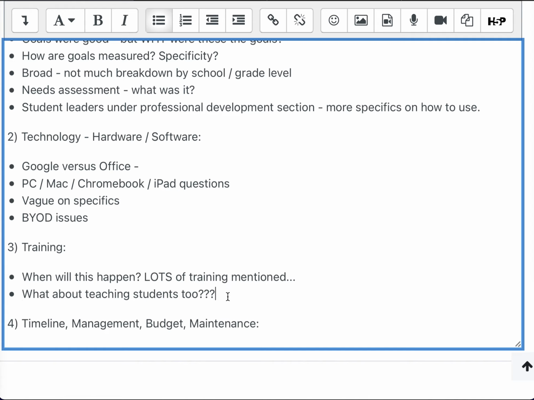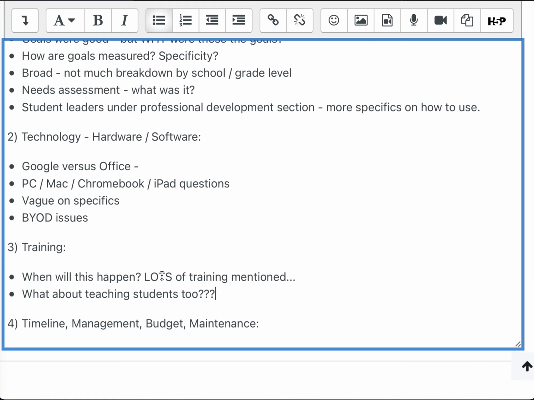To be fair, technology integration plans are usually more about the teachers and teacher training. But especially with how broad this particular school district is, it does seem like that would be included if they're talking about training.